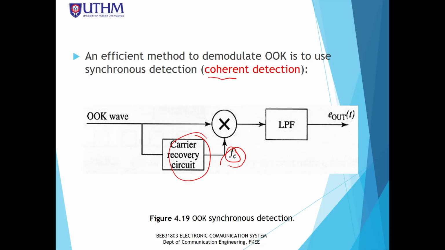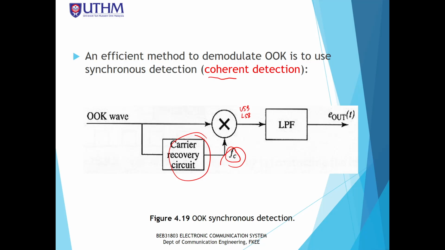So when we use coherent detection, that means we need to use the carrier information. We will combine it. What we will do is the multiplication process mathematically to produce the upper sideband and also the lower sideband.